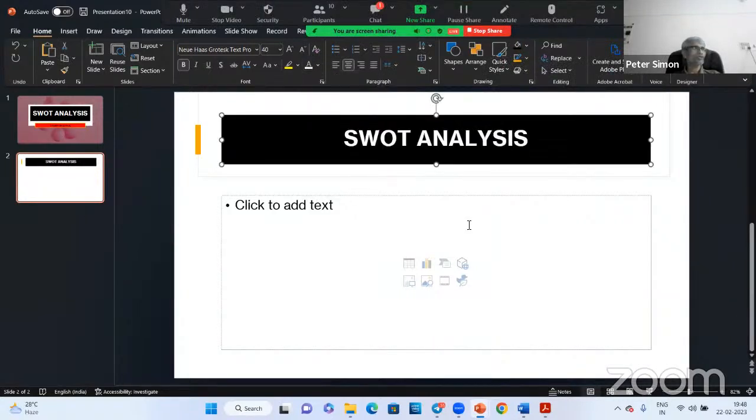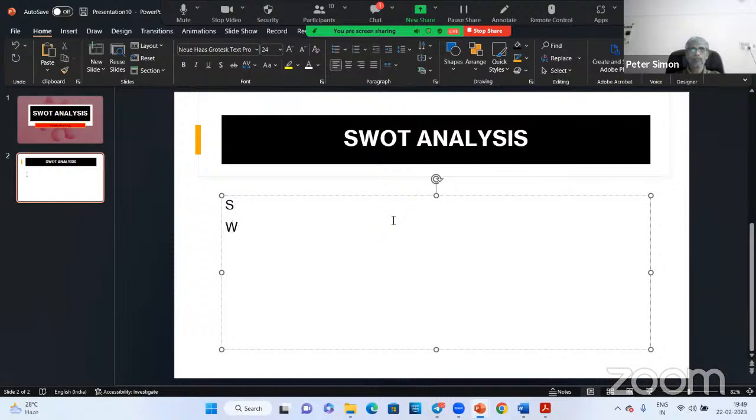You're going to learn something new, a different style of learning. SWOT analysis. SWOT is an acronym: S, W, O, and T.